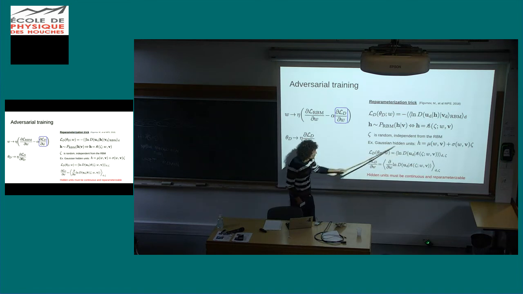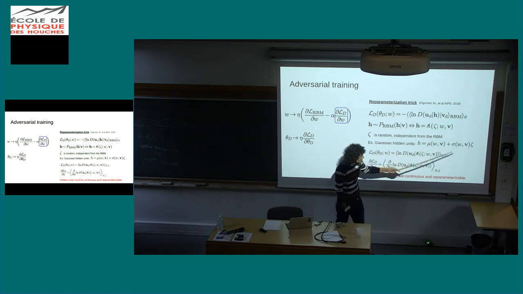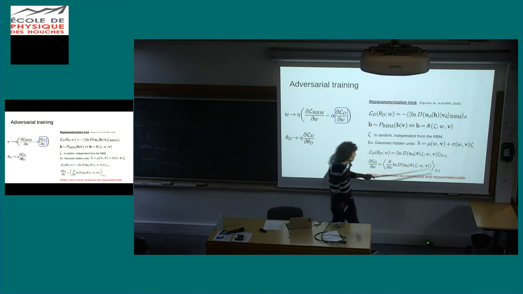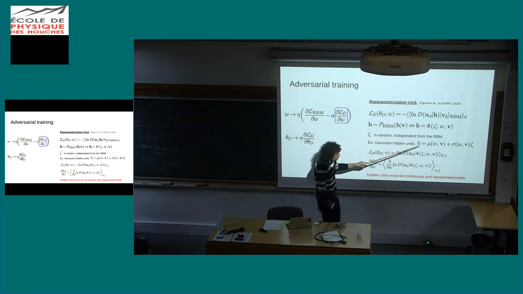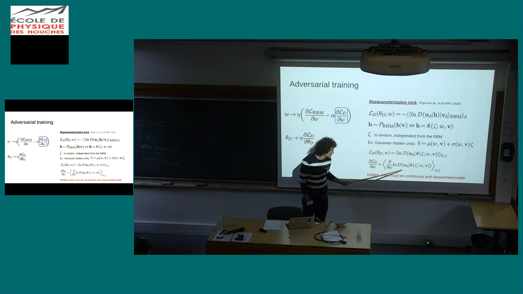For example, if we have Gaussian hidden units, we could write them like this, where this is the mean determined by the RBM, this is the standard deviation also determined by the RBM in some way, and this is simply a standard random variable which does not depend on the parameters of the model. Then it is easy to take the gradient with respect to this weight. This allows us to take this gradient by sampling.